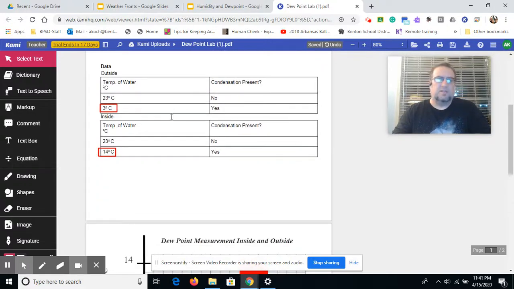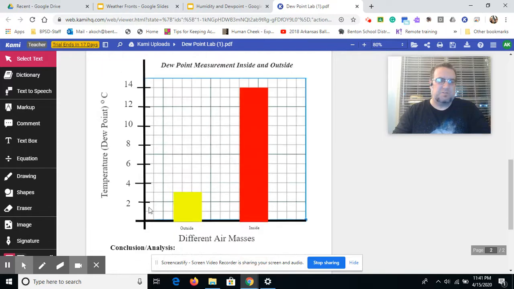All right. So if you look right here, we're graphing 3 degrees Celsius and 14 degrees Celsius. All right, so that is a range of 9, and that shows our low value to our high value. Our low value is so low, close to 0. We'll just leave 0 as it is.